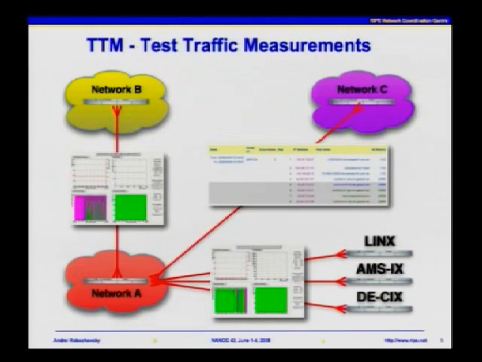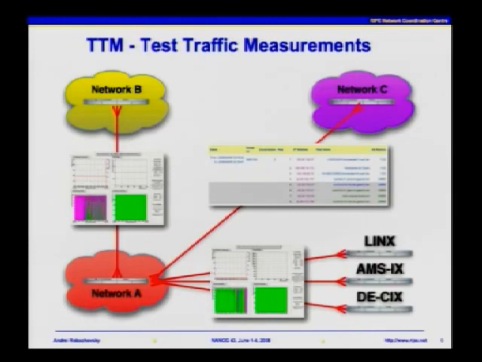It allows you to measure connectivity from your network to other networks like network B and network C, also to some reference points with very good connectivity, such as big internet exchanges that also host TTM probes. And it allows you to look at this data over time in the form of graphs of connectivity, packet loss, jitter, and distribution of jitter, for instance.